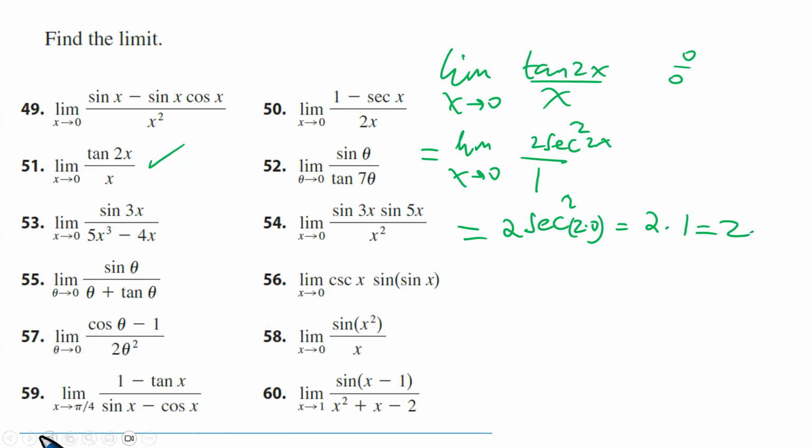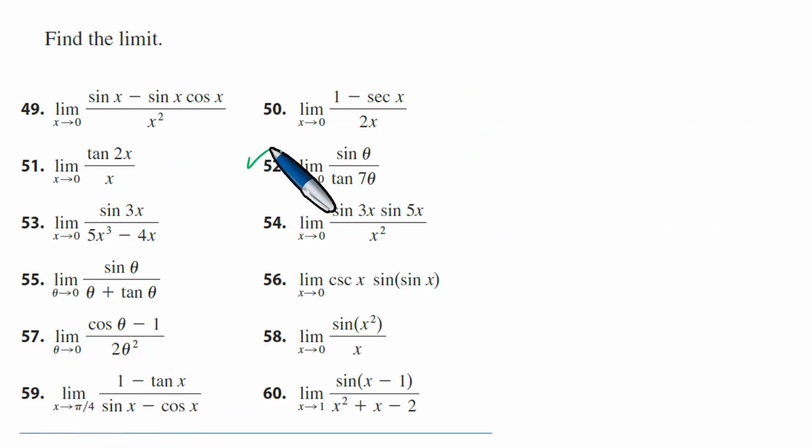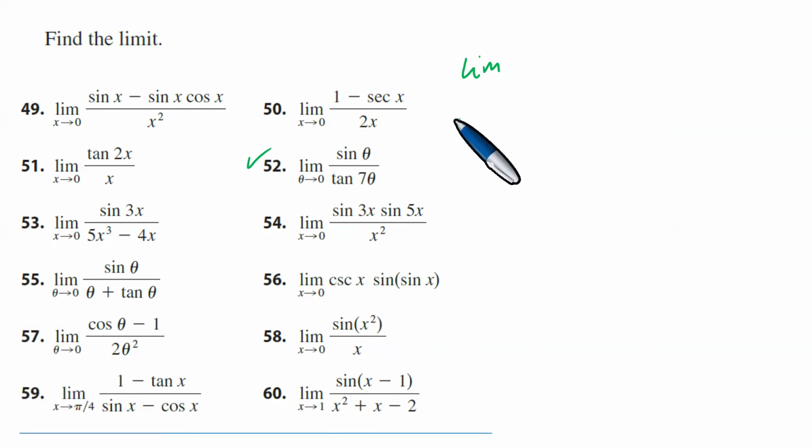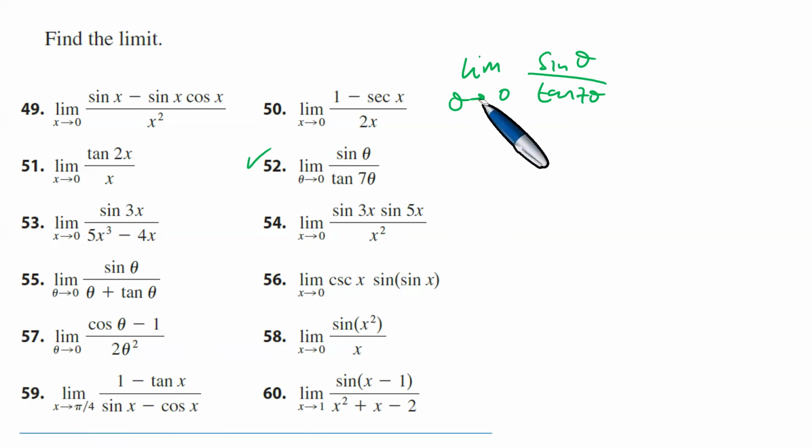Right, so let's try 5.2, please. We're just passing through the questions, and then we shall go to other parts of this topic.